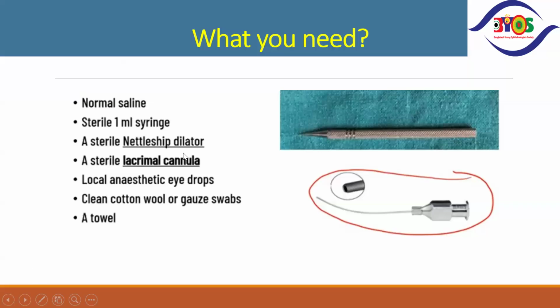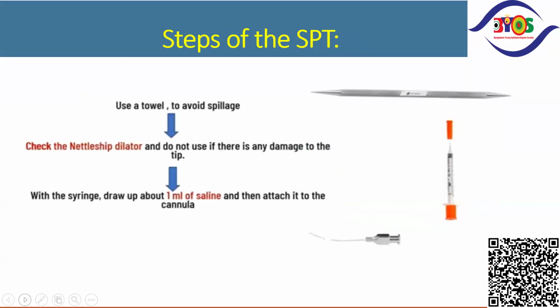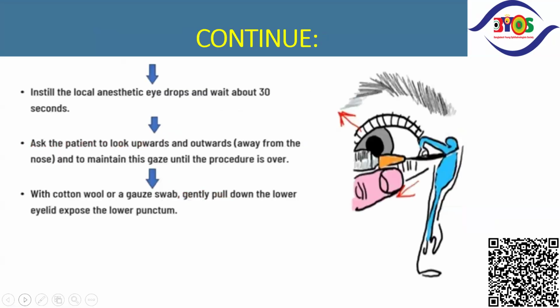We also need a sterile needle-shaped dilator, a sterile lacrimal cannula, local anesthetic eye drops, clean cotton wool or gauze swab, and a towel. First, we use the towel to avoid spillage, and then check the needle-shaped dilator. Do not use it if there is any damage to the tip. With the syringe, draw up 1 ml of saline, then attach it to the cannula.